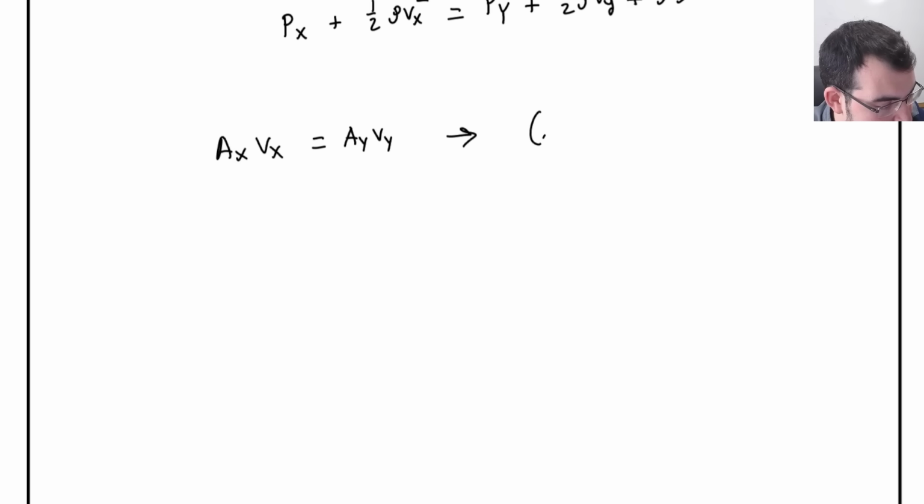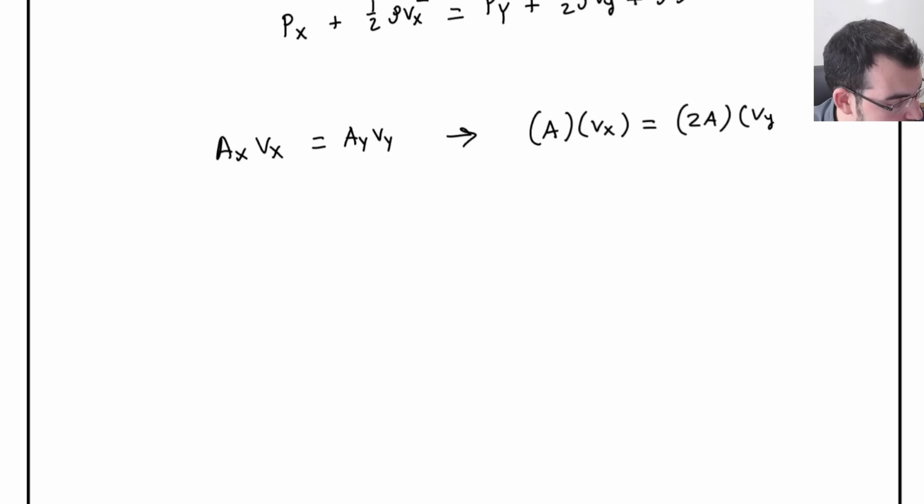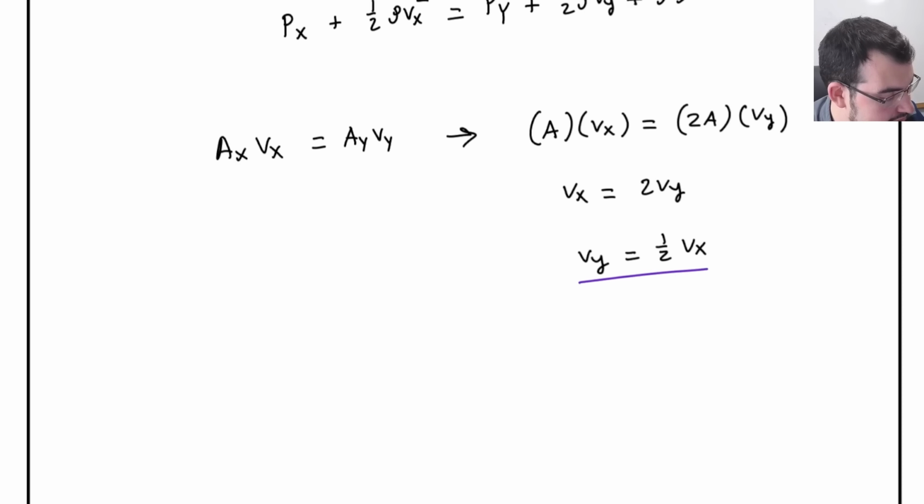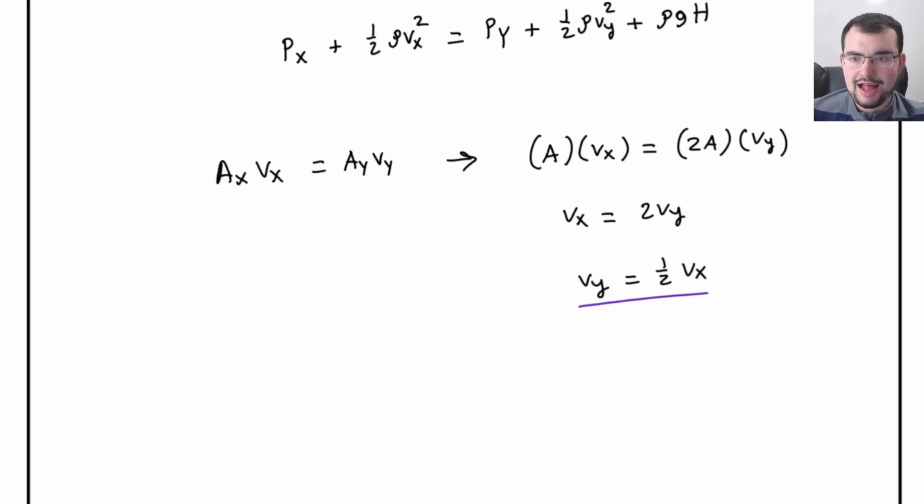The area at X is A, the speed at X is Vx, the area at Y is 2A, the speed at Y is Vy. So a bunch of stuff cancels, the A cancels, so we get Vx equals 2Vy, or Vy equals 1/2 of Vx, which is what we expected earlier.